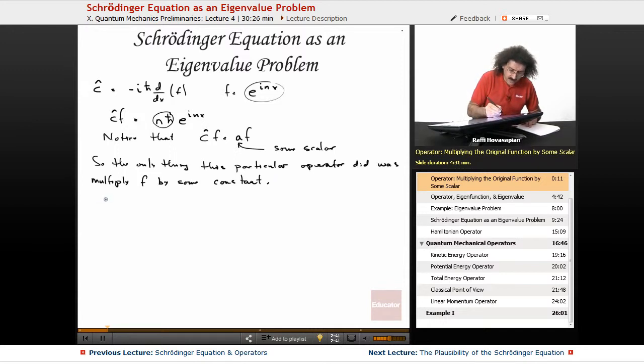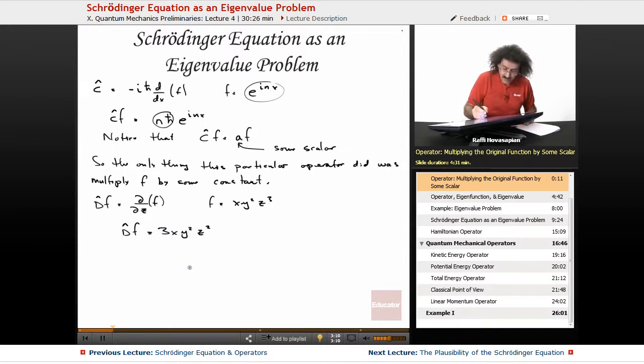In example 4, we had that the operator D was actually equal to the partial derivative of the function with respect to z. And in that particular case, our f was equal to x, y squared, and z cubed. In this case, the operation on f ended up equaling 3x y squared z squared.